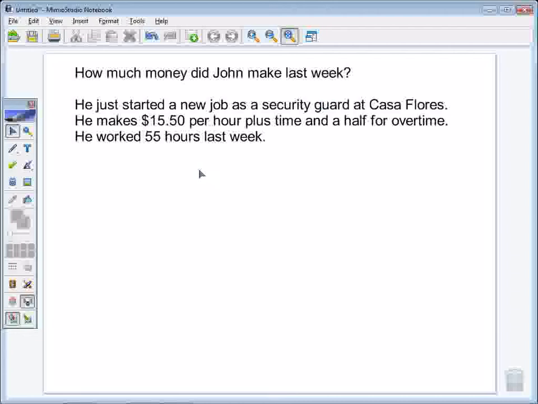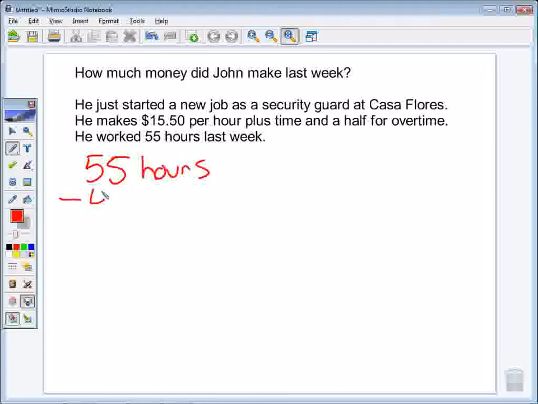Well, we are going to assume that his normal work week is 40 hours. That's what we say is a normal work week, unless it's otherwise specified. Here we're saying 40, so how much did he work overtime? So we know that 55 hours was the total.